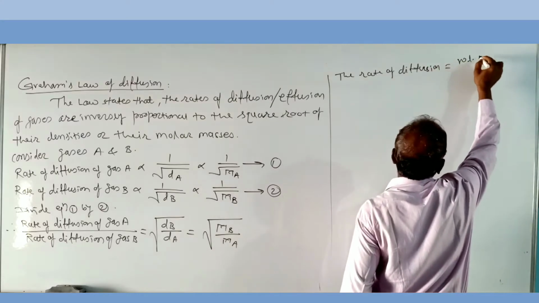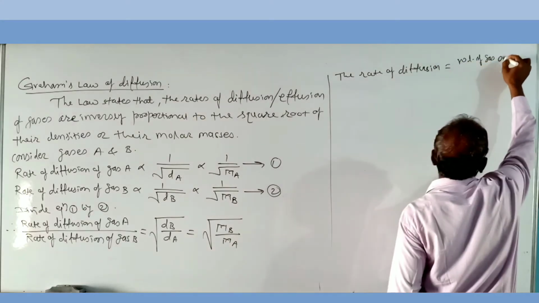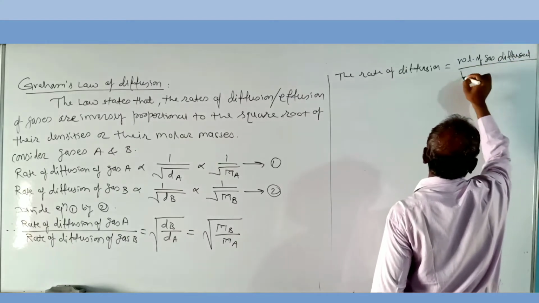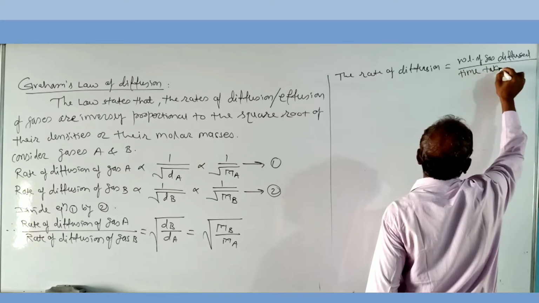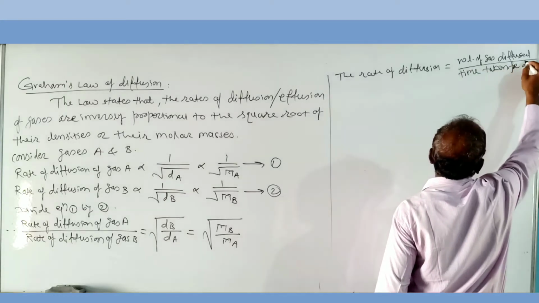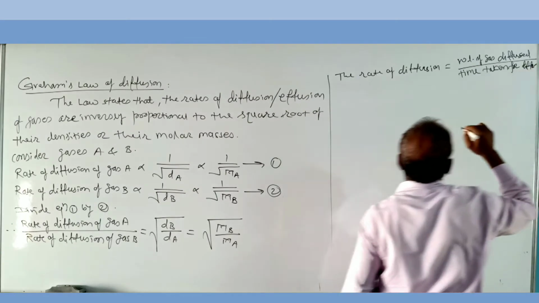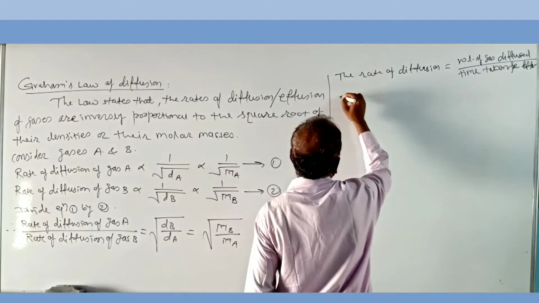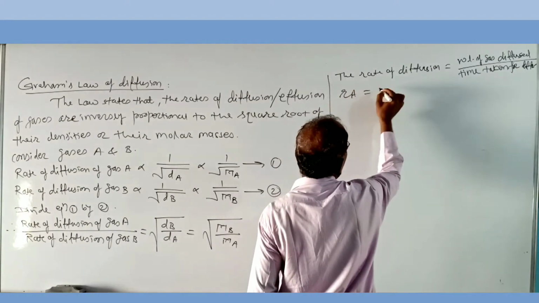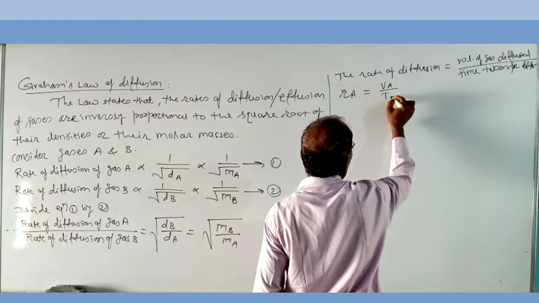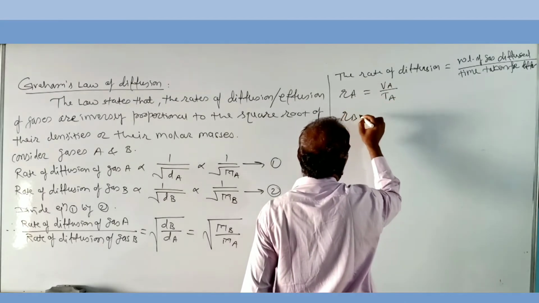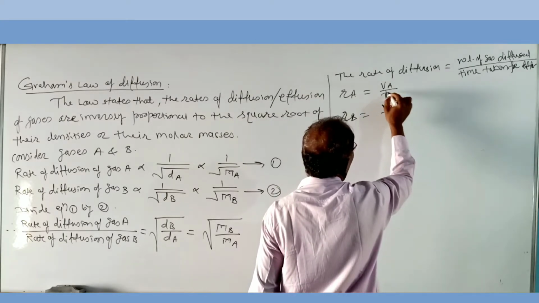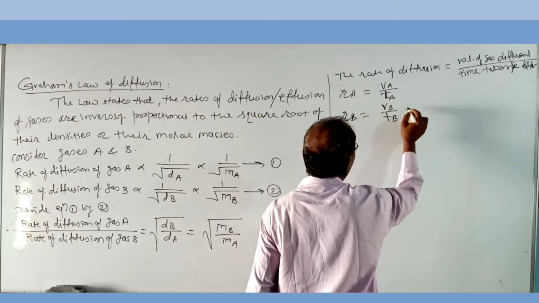But the rate of diffusion is volume of gas diffused divided by time taken for diffusion. That is, rate of diffusion RA is equal to VA upon TA, and RB is equal to VB upon TB.